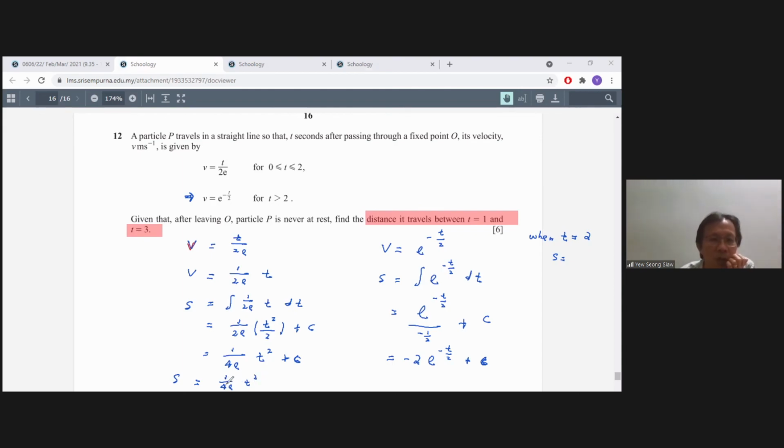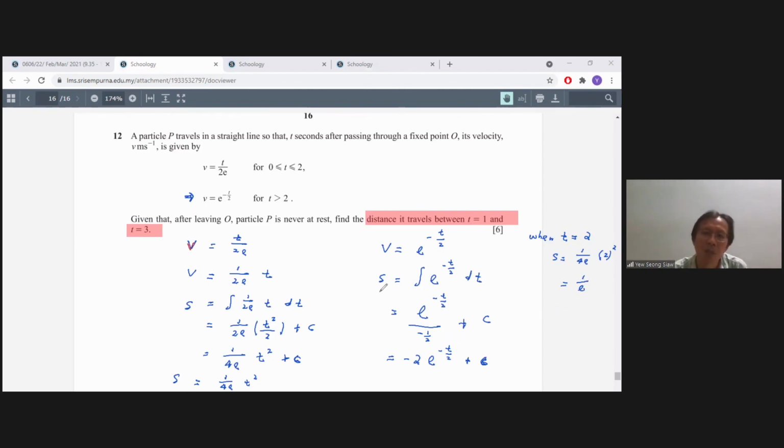1 over 4, cancel. Use this equation. This one is 2, so cancel, becomes 1 over e. When time is 2, the S equals 1 over e.